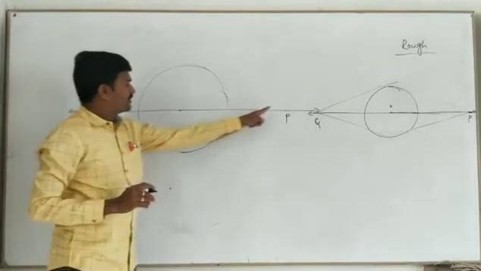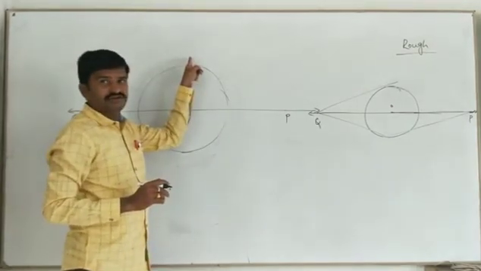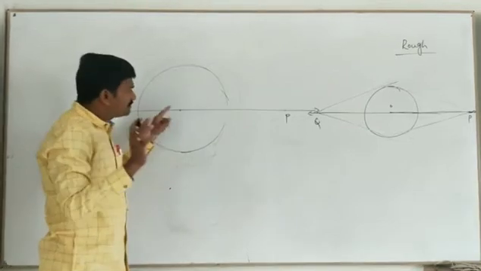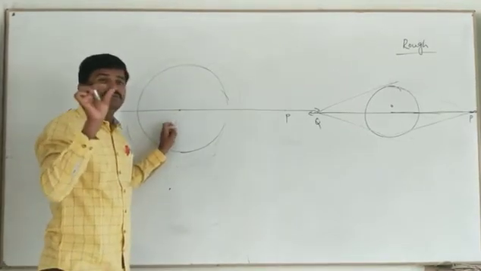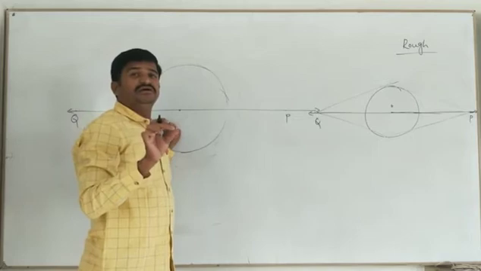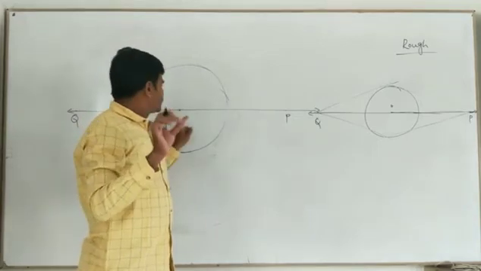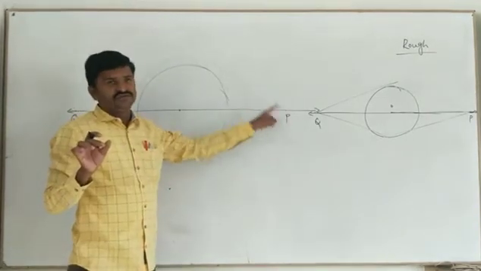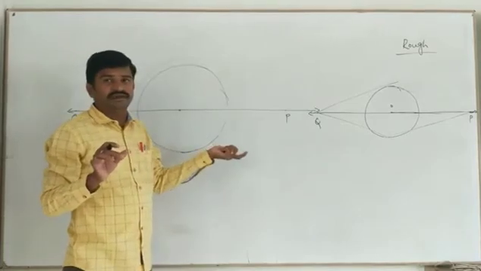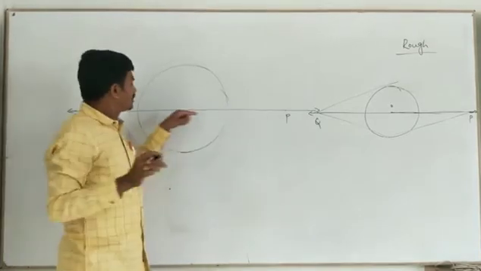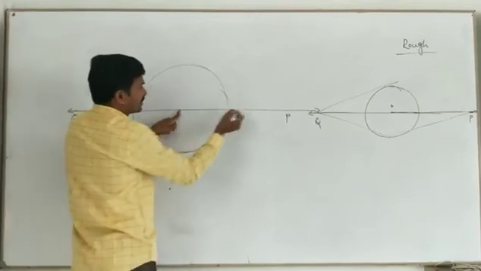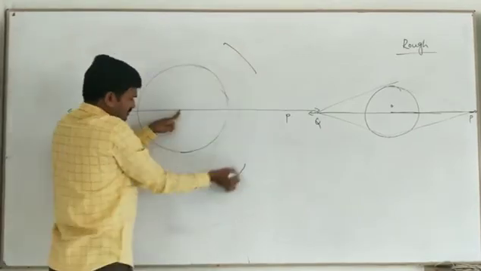Now from this P we have to draw the tangents. How will we get it? Perpendicular bisector. For which line segment are you drawing the perpendicular bisector? For OP you have to draw. Do you know how to draw? From here take more than half radius, draw the arcs like this.